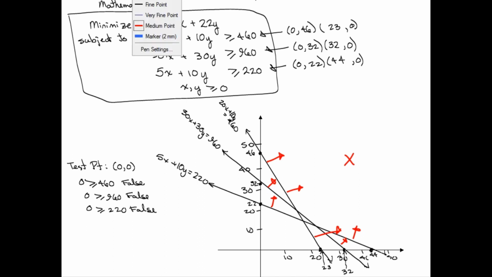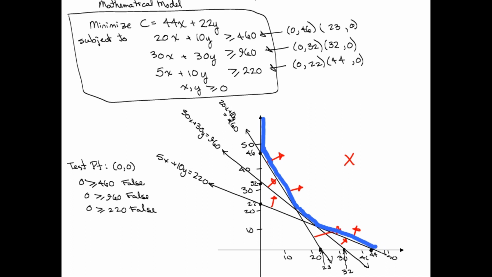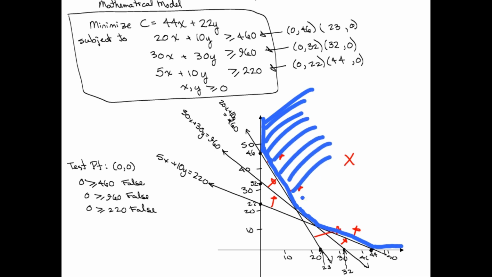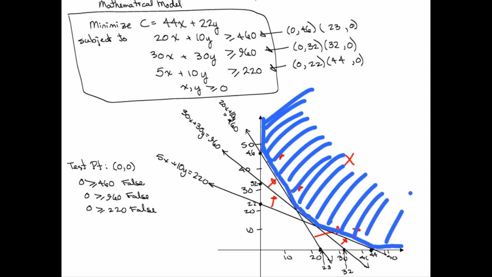Let's draw it. So we want to go along here. You just want to make sure that your feasible region is clear, and you want to make sure that you know where your corner points are.